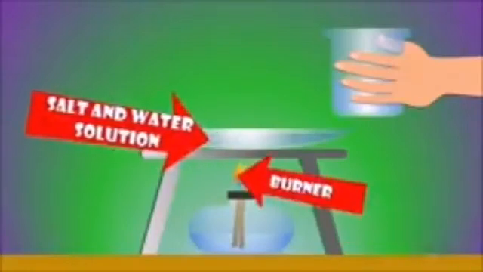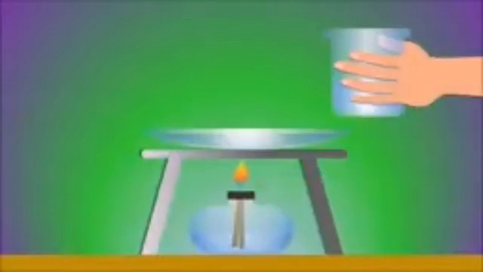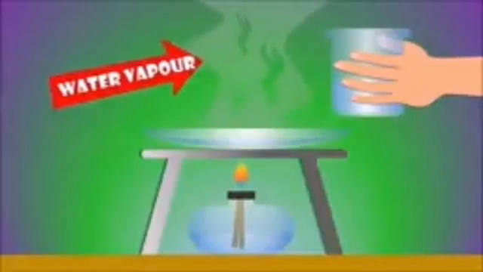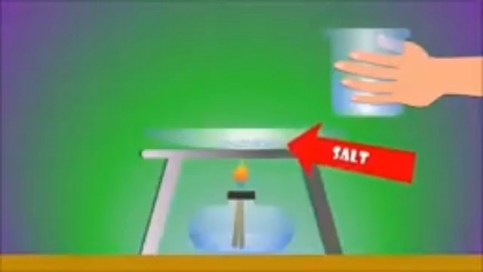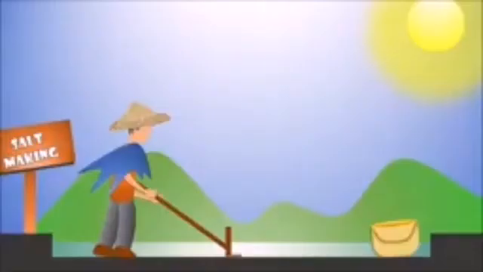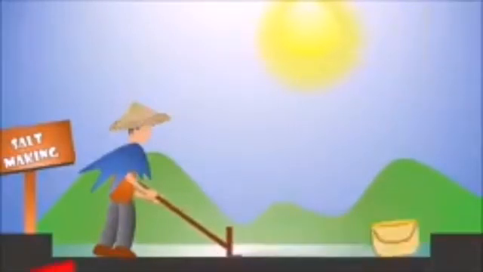By the use of heat, the liquid evaporates and is separated from the soluble solid. This method is used by people who produce salt by evaporating seawater under the sun.